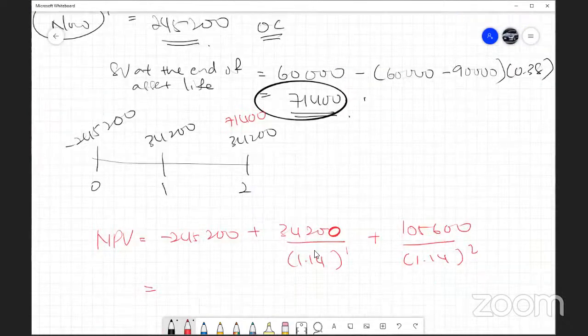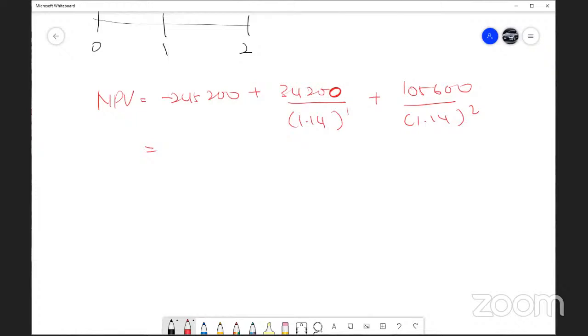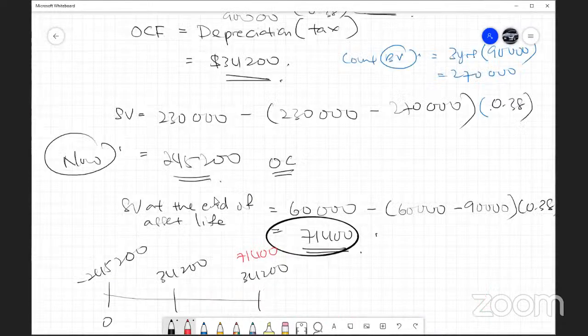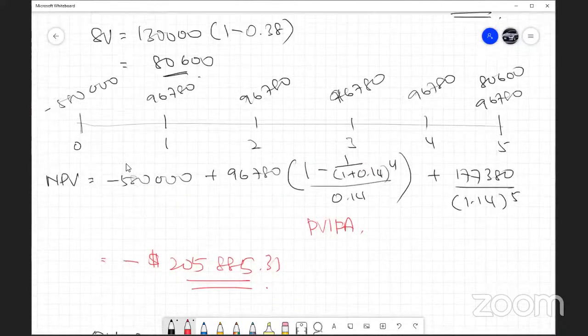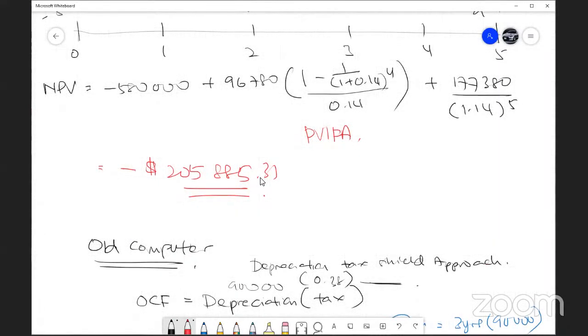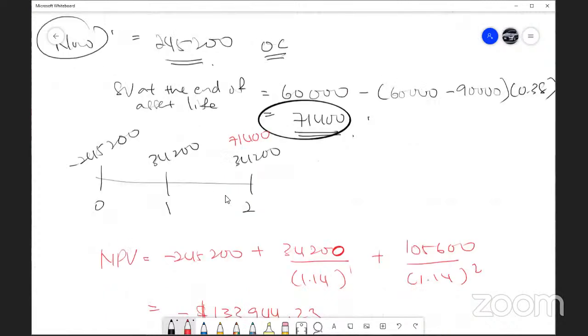And this one, how much? Negative 133,944.23. Okay, this is the NPV. So you see the NPV of the new computer is negative 205,885.31. You'll be thinking, oh, this NPV is so expensive. It costs you 200,000 for 5 years, and this one is only $133,000.